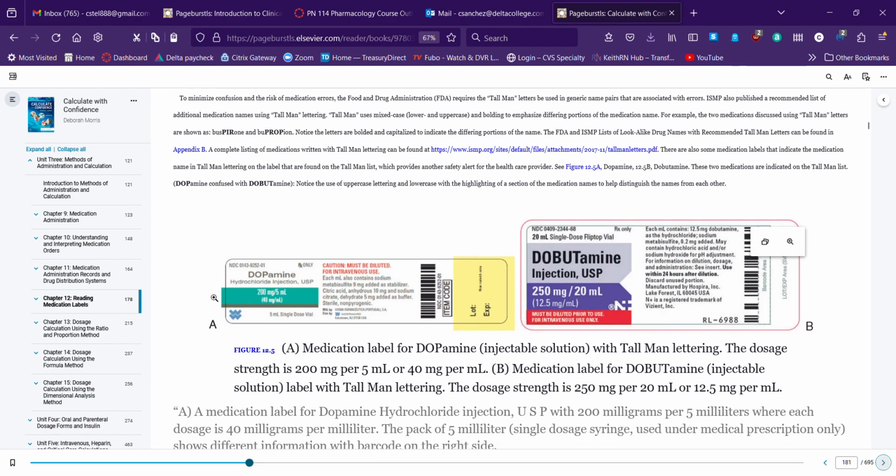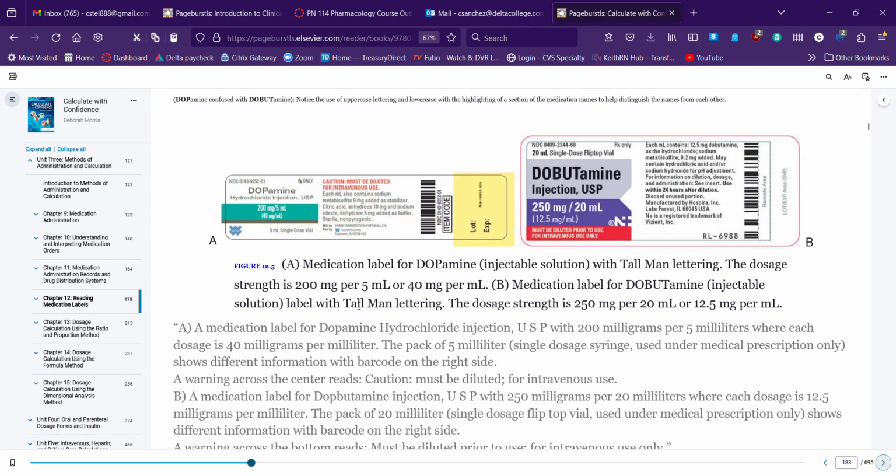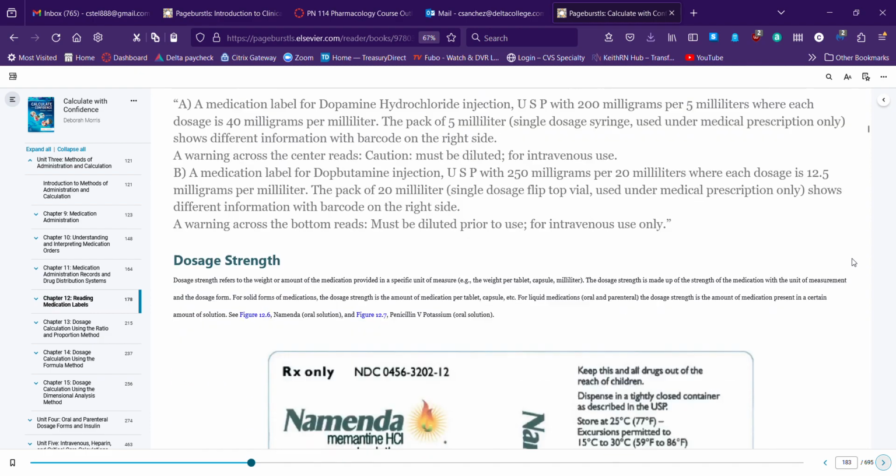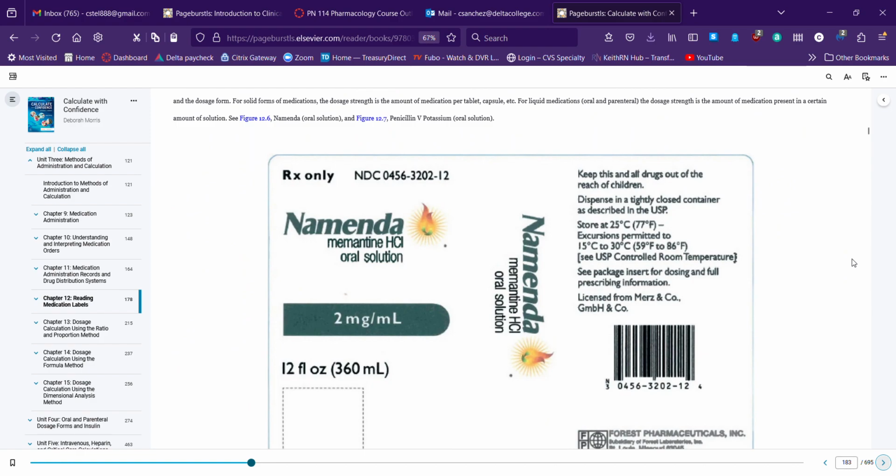So they're putting the letters that can be mixed up with the other term in caps to have you do a double take and make sure that you're giving the correct medication, okay?